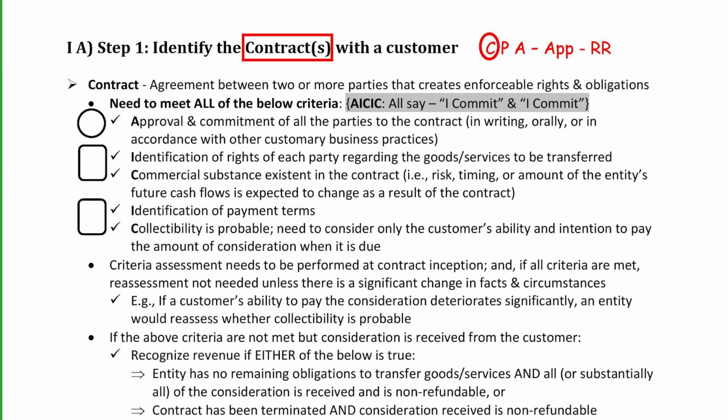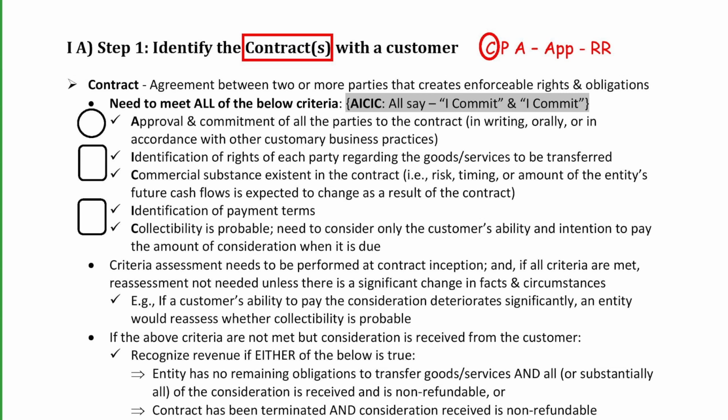Basically, a contract is an agreement between 2 or more parties that creates enforceable rights and obligations. Basically, it's a contract when all the parties say, I commit and I commit.